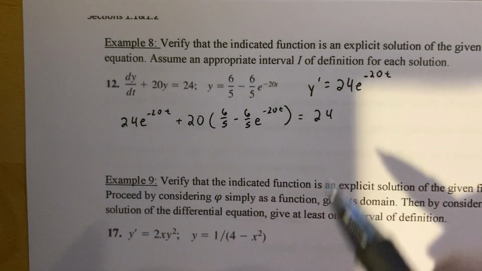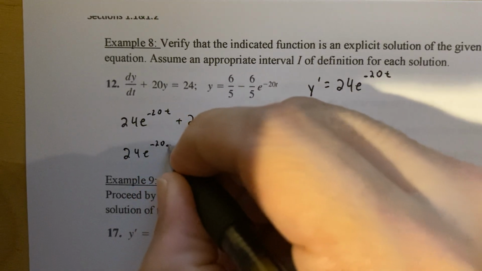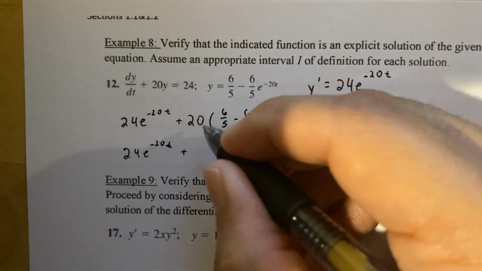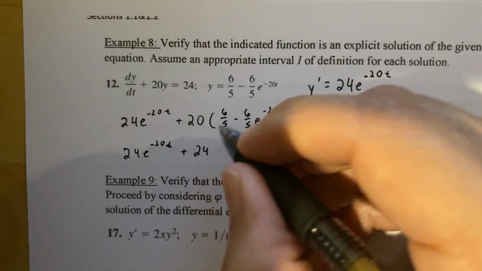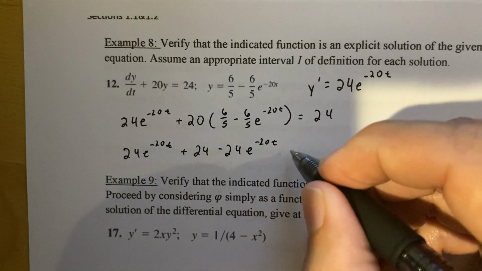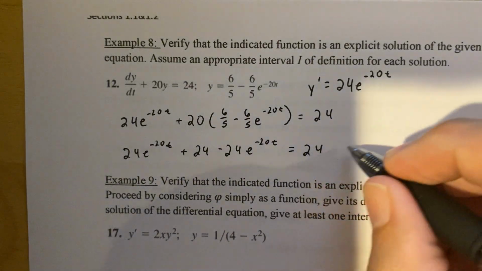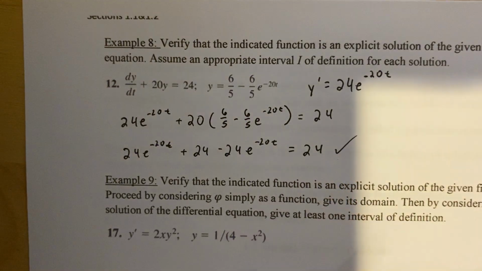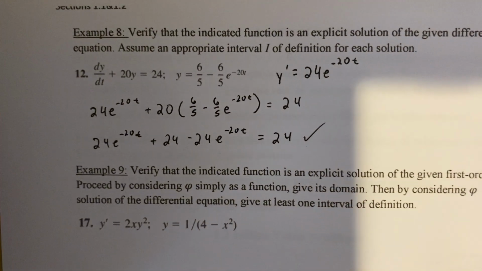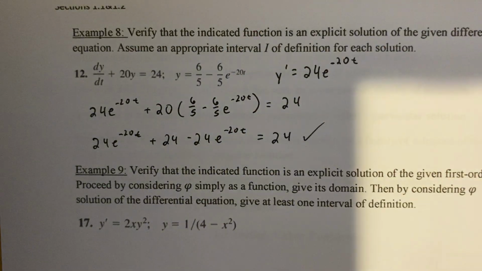So I'm going to distribute the 20. So I have 24 e to the negative 20t plus 24 minus 24 e to the negative 20t. And when I do the math there, that's just going to be 24. And so 24 equals 24, so that checks out. So we do have a solution. So this is a solution to our differential equation. And that's all we had to do. To start off, it's not too bad. We're just going to check.